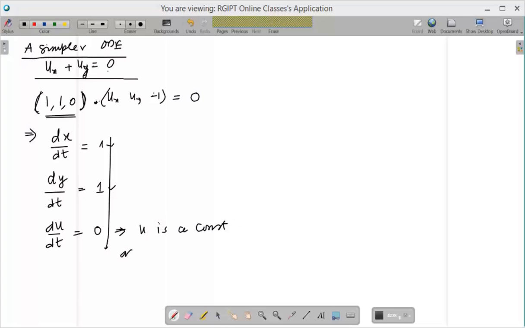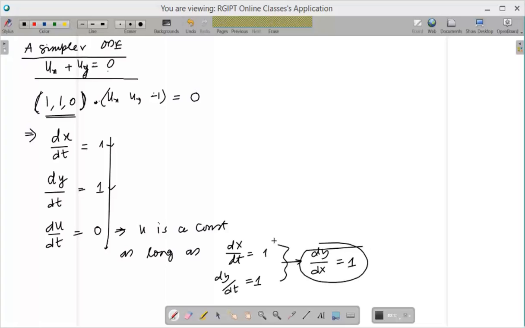As long as dx by dt is 1 and dy by dt is equal to 1, which in combined form I can say that dy by dx equals 1. So if I can choose a curve in the xy plane such that dy by dx equals 1, it's basically a set of straight lines with slope equal to 1.